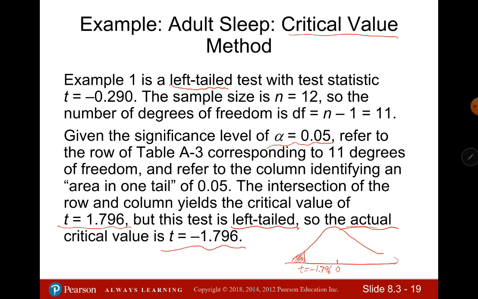So the actual critical value should have a negative sign. Again, for a left-side test, you have a negative t-value as your critical value. If it's a right-tail test, you have a positive critical value. And if you are doing a two-tailed test, then you have two, a positive and a negative.